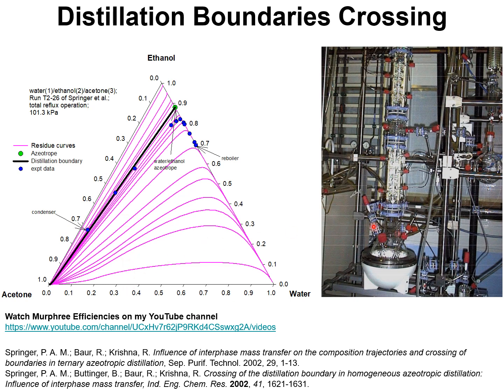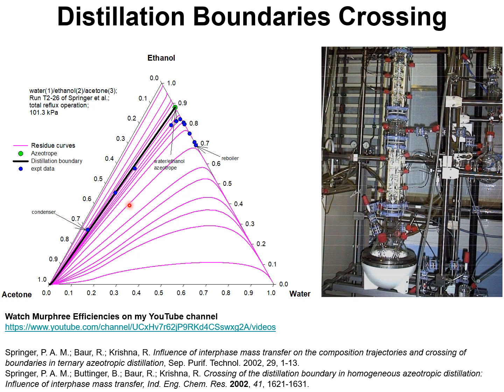If the trays were to operate under equilibrium conditions, the composition trajectories must follow the residue curve maps shown in pink, and no boundary crossing is allowed if the stages were to operate under thermodynamic equilibrium conditions.